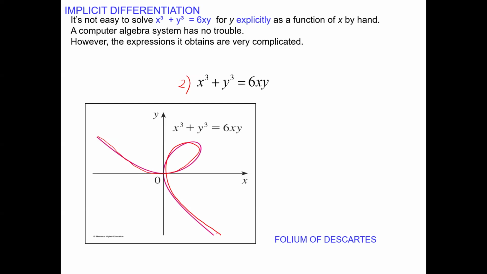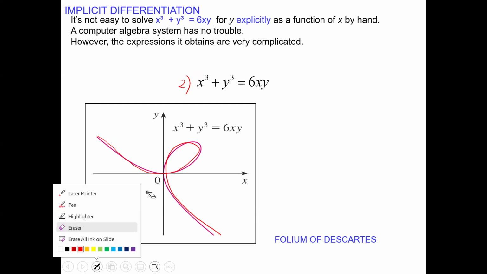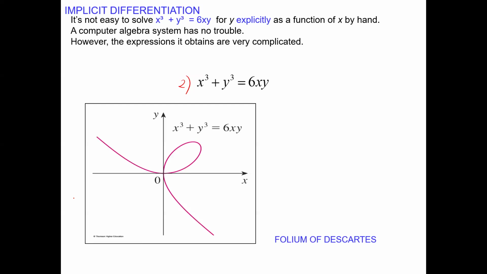It's a beautiful loop, called the folium of Descartes. Definitely not a function, definitely continuous and differentiable almost at every single point of the domain, except the vertical tangents, where the derivative is undefined, but we can still prove this.